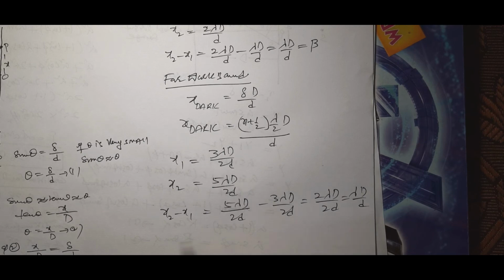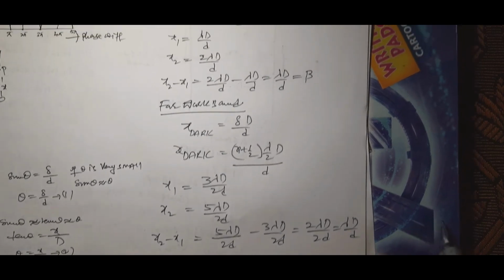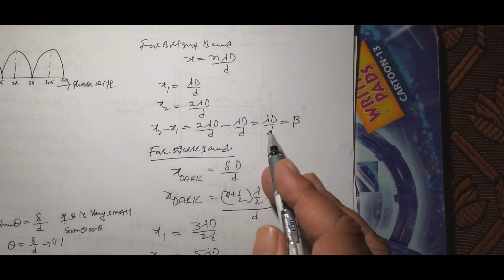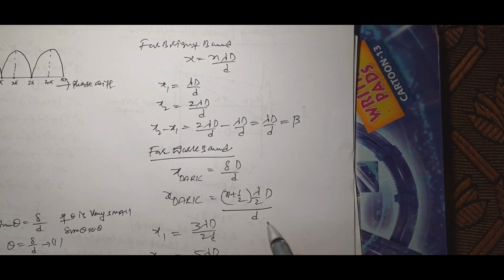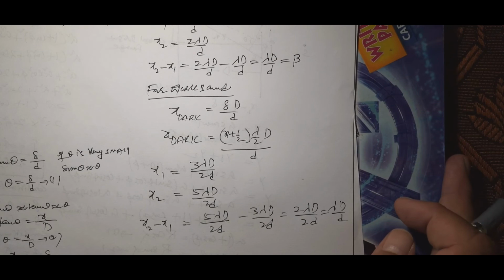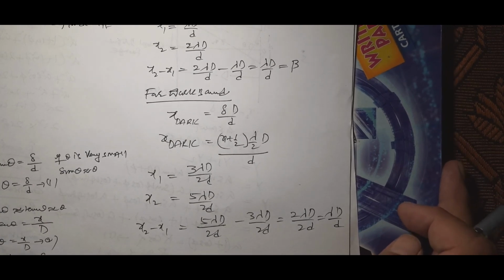So here also the width of the dark band is lambda D by d, and in the previous case the width of the bright band is also lambda D by d. So bright and dark bands have equal width.